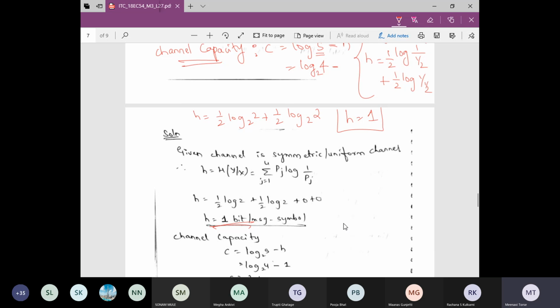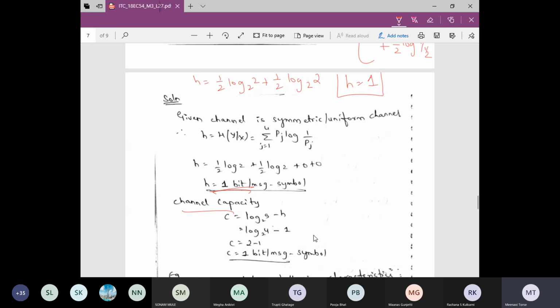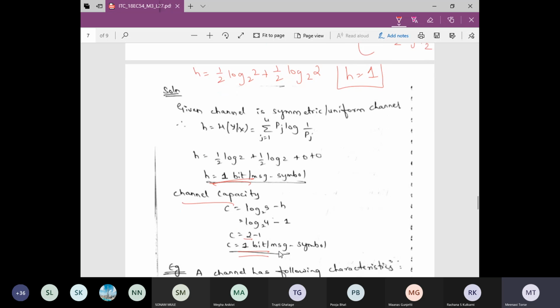Therefore, channel capacity is log of S minus H. S value is 4. Log 4 to the base 2 minus H value is 1. Log 4 to the base 2 is 2, minus 1. Therefore, channel capacity is 1 bit per symbol.